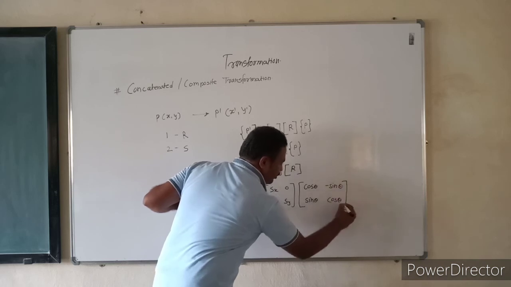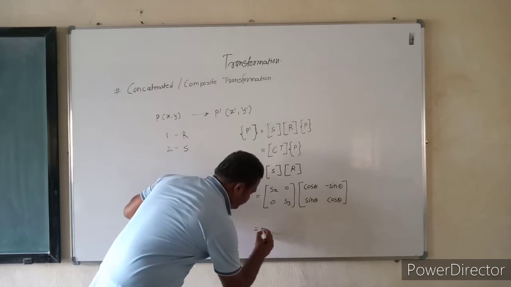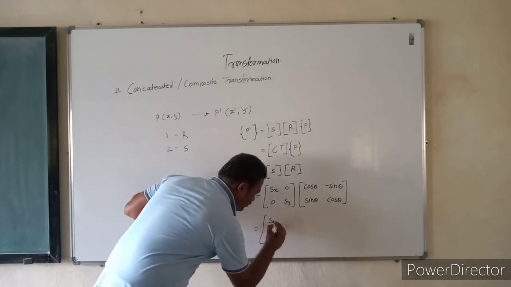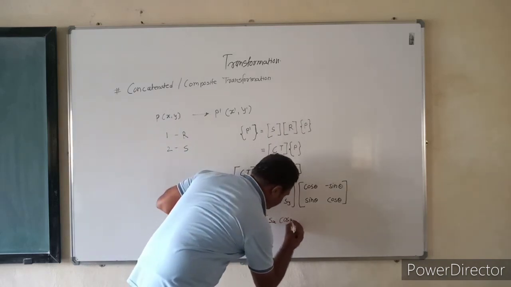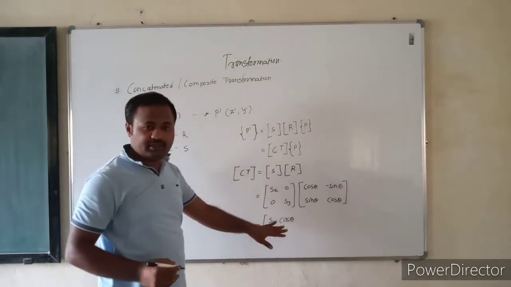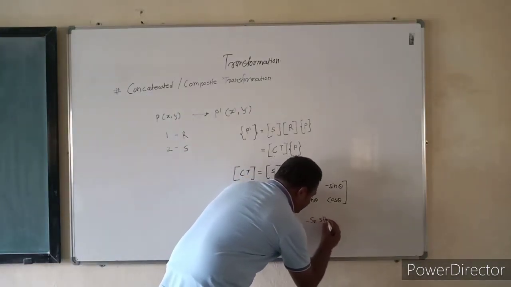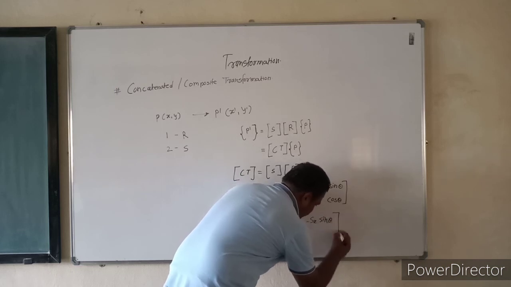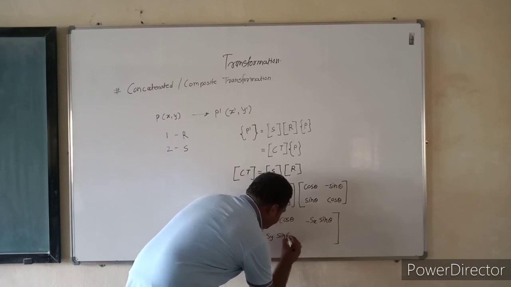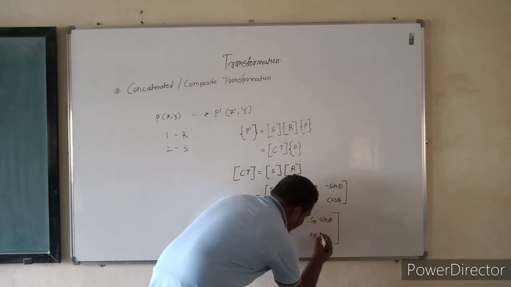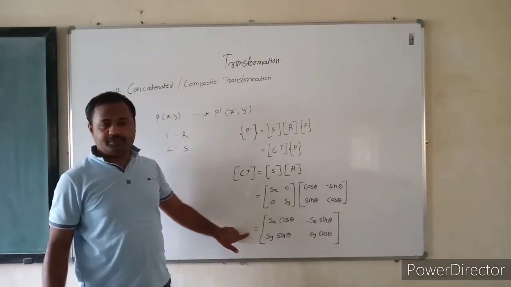Then CT becomes Sx cos theta, minus Sx sin theta, Sy sin theta, Sy cos theta. It's a new composite matrix CT.